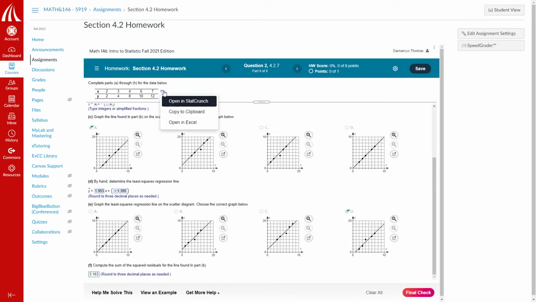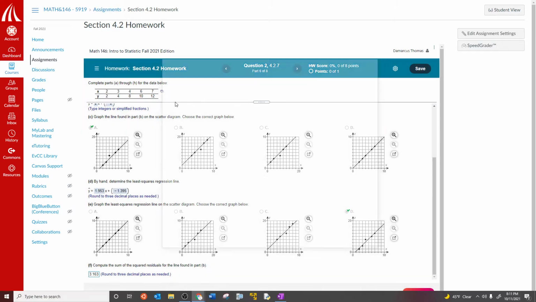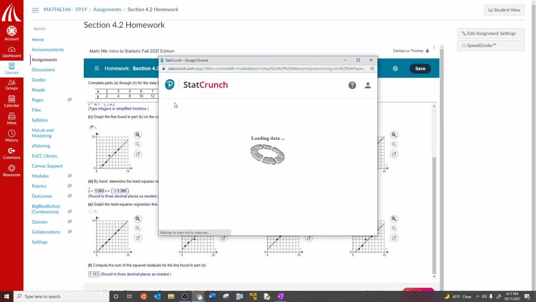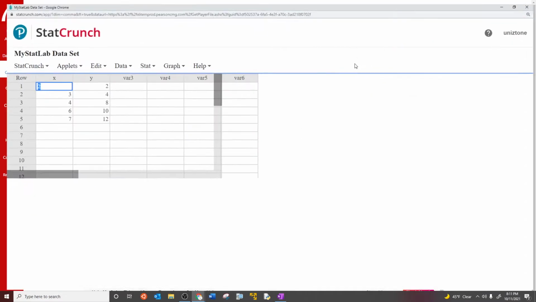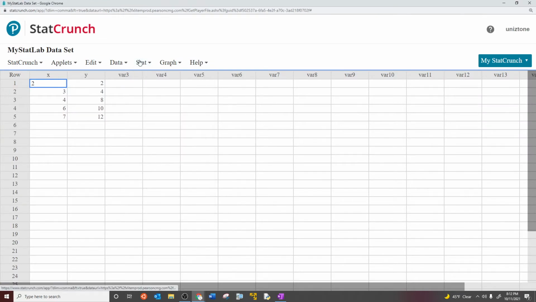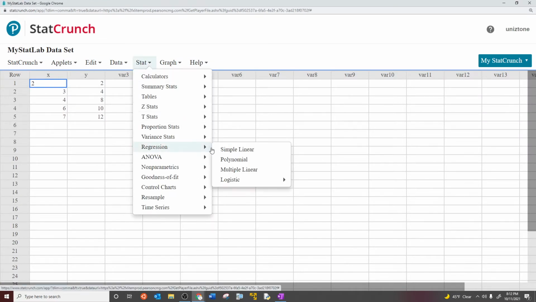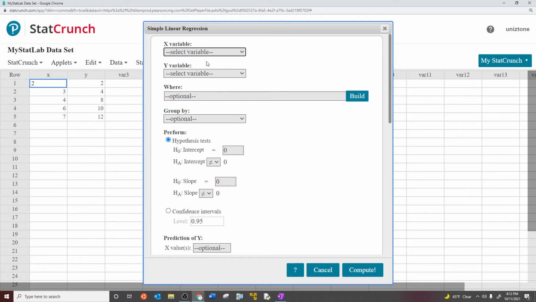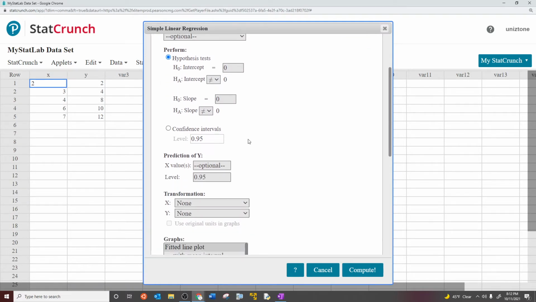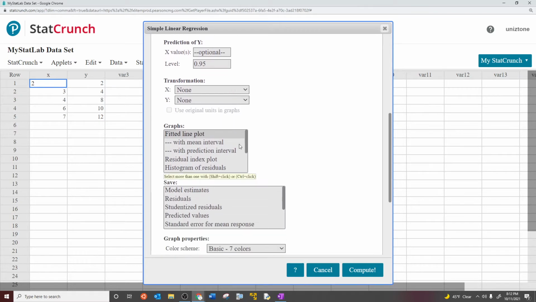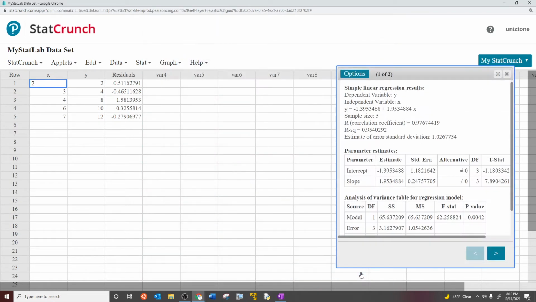Let's try to compute the sum of squares of residuals one more time. We're going to go into stat, regression, simple linear, choose the x to be the x, the y to be the y. When we go down, we want to save a column for the residuals. Now the residuals have been saved.